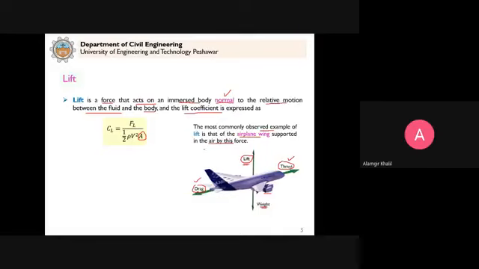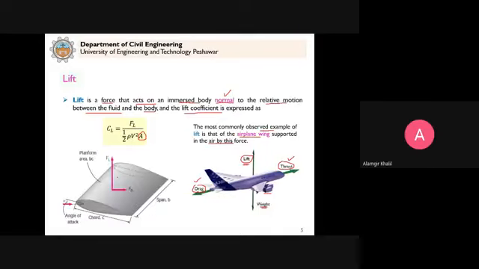Clear? Now you can see that when the fluid approaches a body, which is shown here, this shape, it approaches with a velocity v, as we already discussed. This is known as an airfoil, a general term used to denote this shape, because if you cut the wing of an aeroplane, the cross section will appear like this.